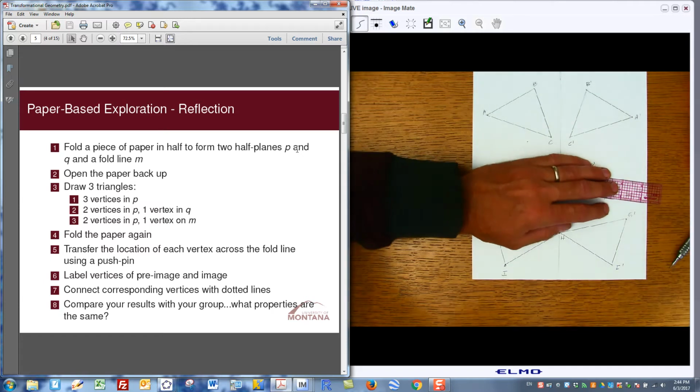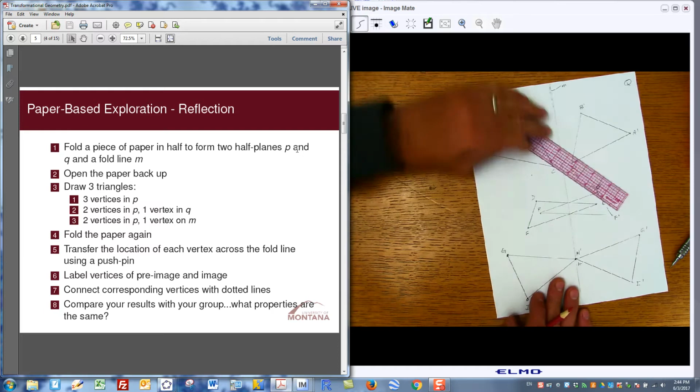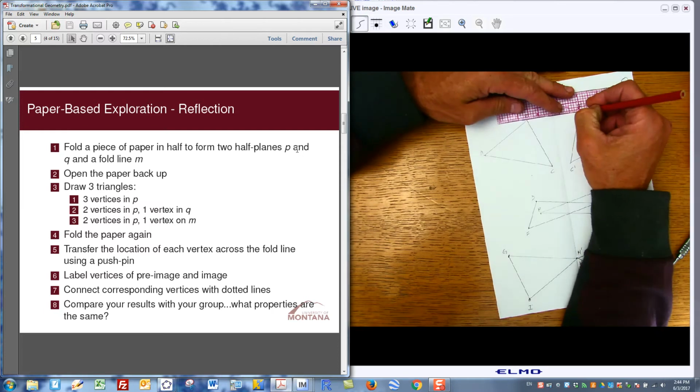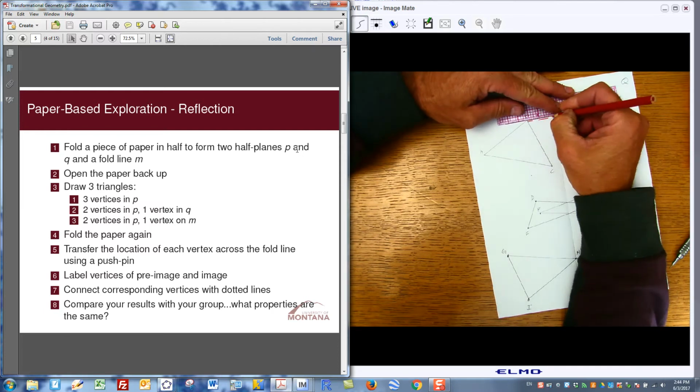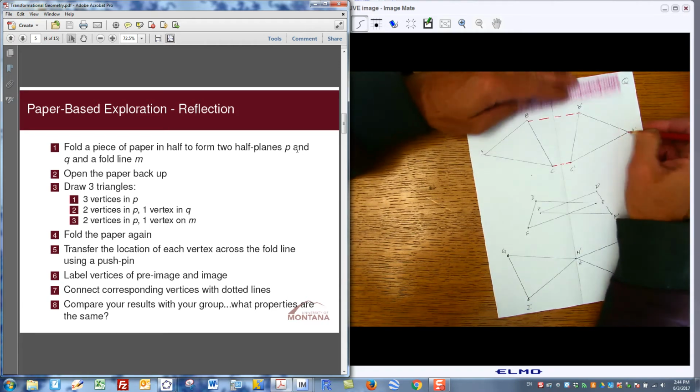The next thing it says is to connect corresponding vertices with a dotted line. So I'm going to connect the corresponding vertices here with a dotted line. Oh, that's too short.